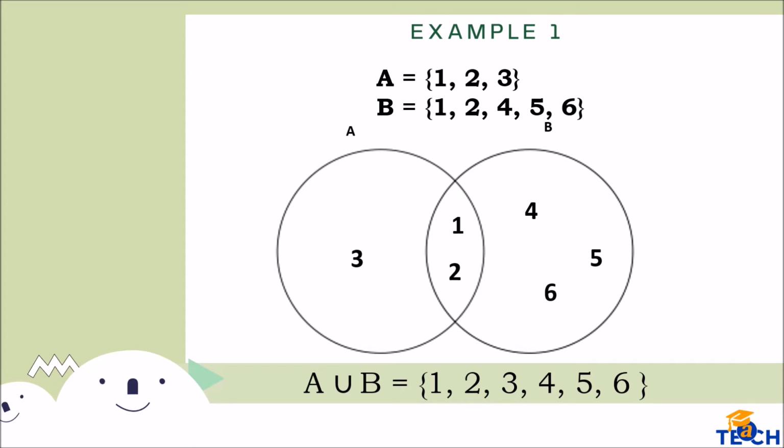We can draw a Venn diagram to show the distribution of numbers in each set, and to identify which numbers are present in both set A and set B. Now to write the union of set A and B, we simply take into consideration the numbers present in both sets, and we get A union B is equal to 1, 2, 3, 4, 5, and 6.